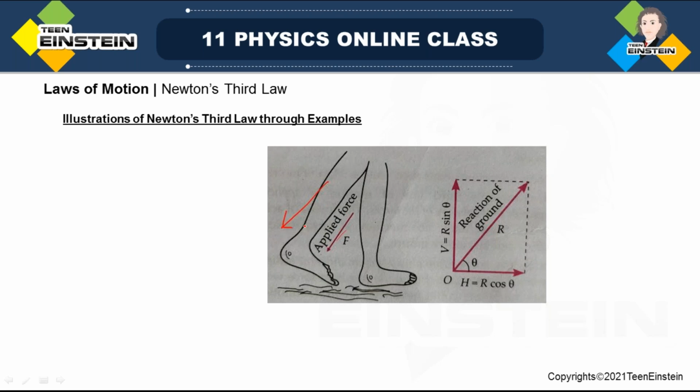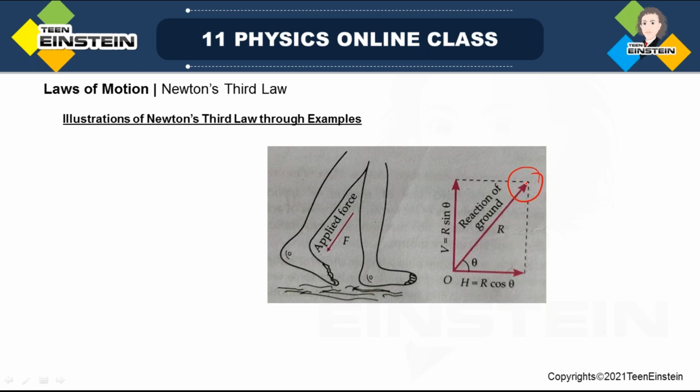See, your leg is like this, so the force is applied obliquely onto the ground. So what will the ground do? It will also apply an equal and opposite force, that is called reaction.